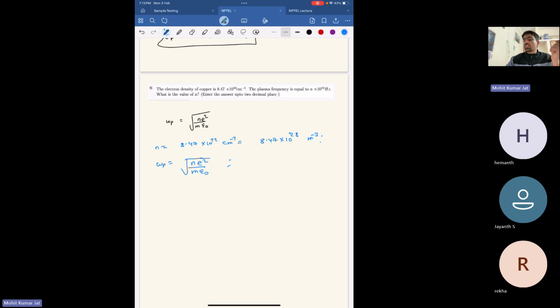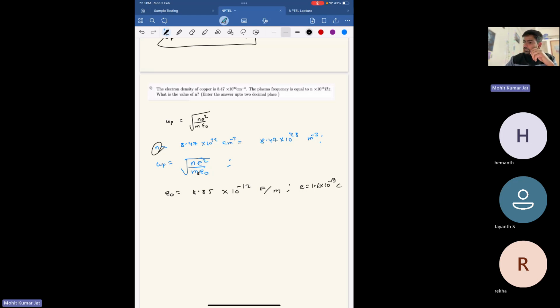So if you convert into the SI units, this is how the omega p will be. You know the electronic charge, you know the electronic mass me, epsilon naught. You all know that it will be 8.85 into 10 power minus 12, if I'm not wrong, farad per meter, and E is 1.6 into 10 power minus 19, right?